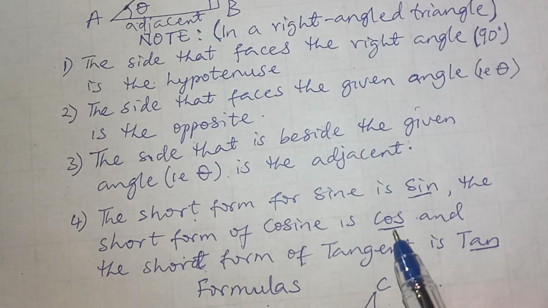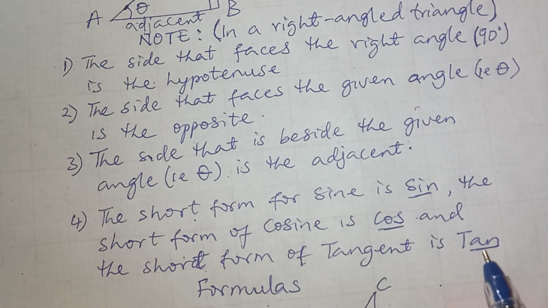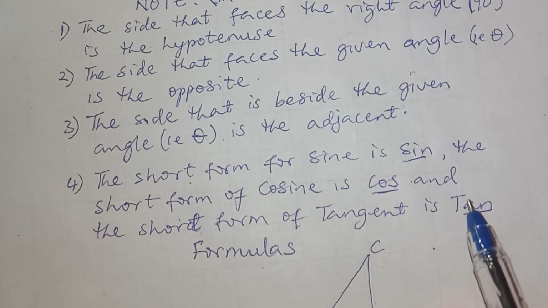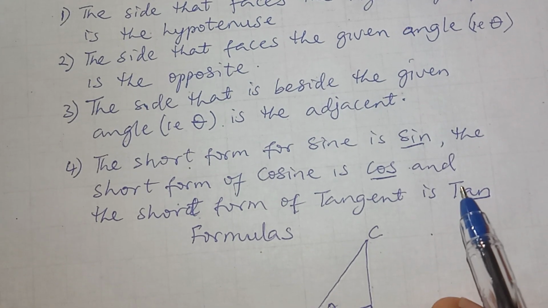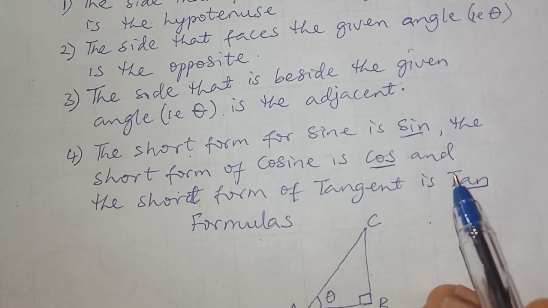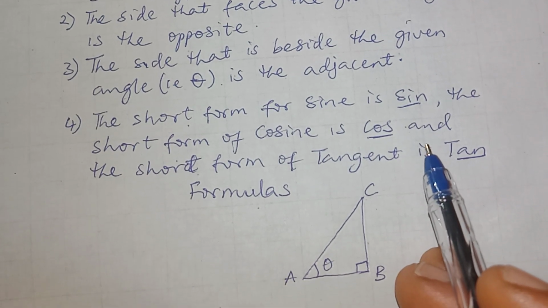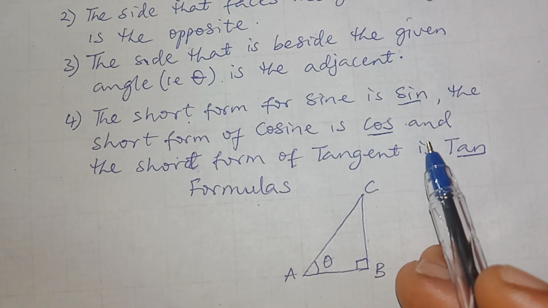Cos, COS. And the short form of tangent is what? Tan, TAN. Now let's look at the formulas to use when we are calculating the trig ratios of a right-angled triangle.